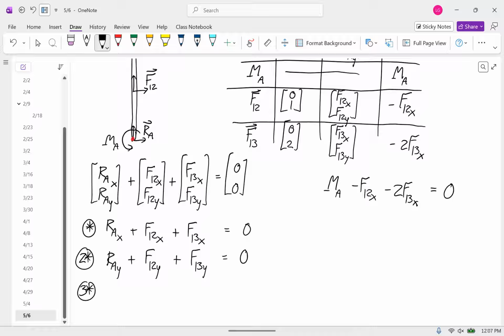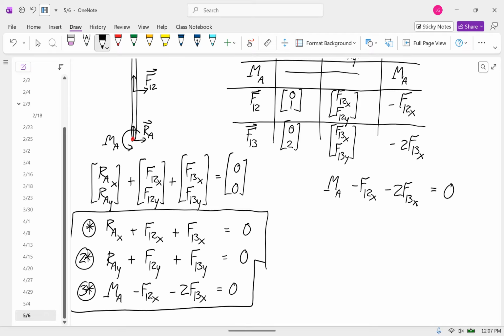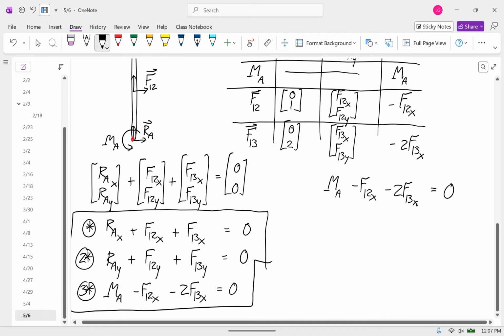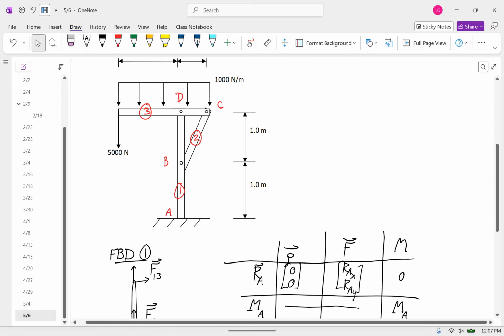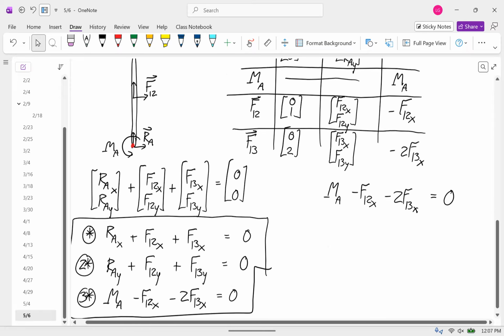And my equation 3 says MA minus F12X minus 2F13X is equal to 0. Okay, that's 3 equations, a bunch more variables than equations, so we can't solve anything yet. And so now I'm going to go to body 2.